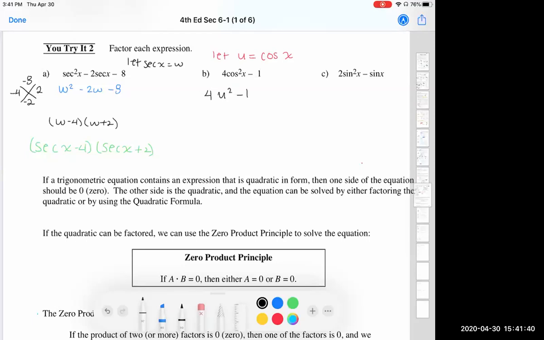So we can notice that this is difference of squares. I have a minus and I have two terms that are perfect squares. So this factors to be 2u plus 1 and 2u minus 1. So we have 2 cosine of x plus 1 and 2 cosine of x minus 1.